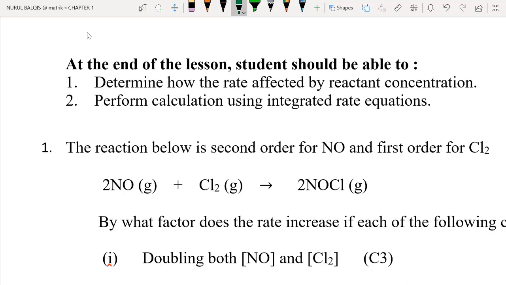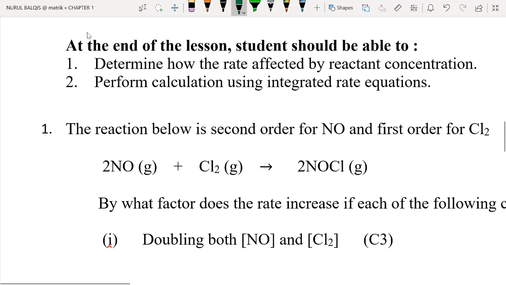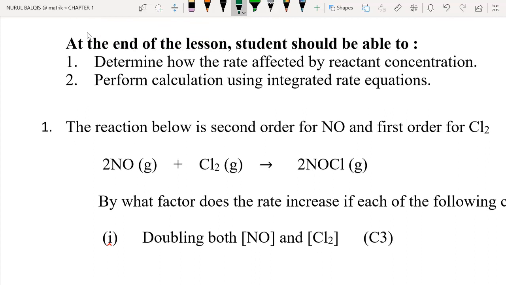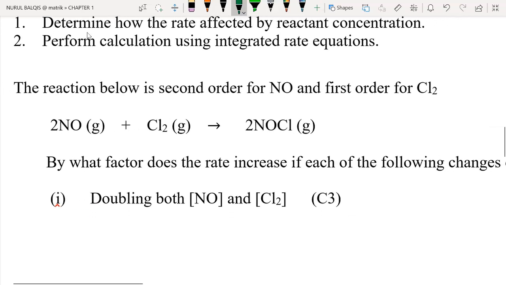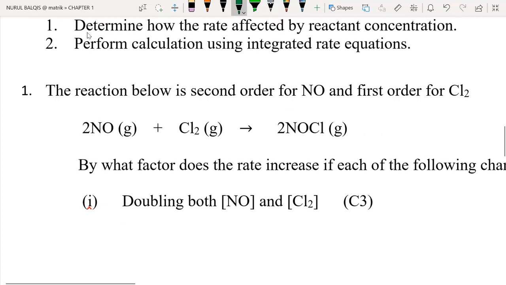You take the rate law with respect to the order of reaction and then do some integration on it. But in our syllabus, we don't need to show the derivations. We simply need to memorize how they look, since you already learned it in your maths syllabus during high school.